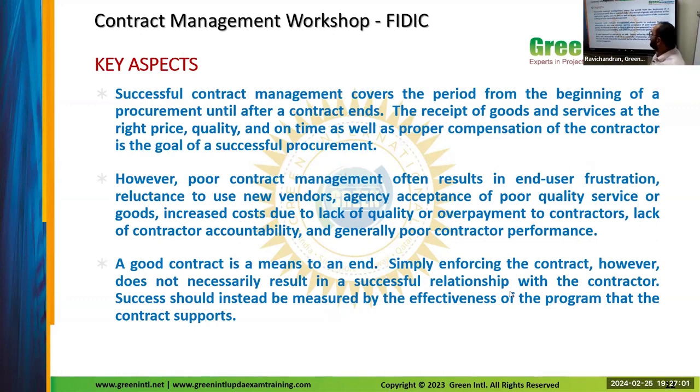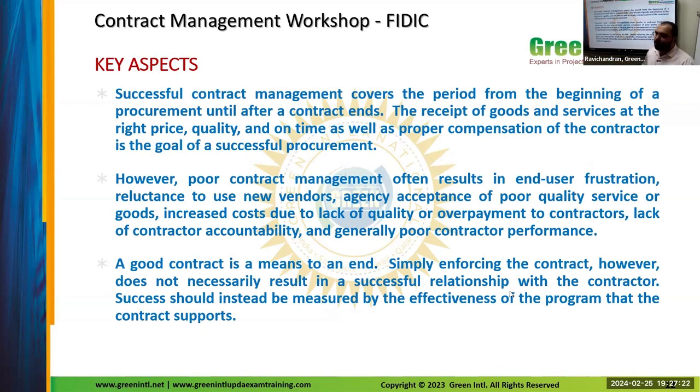A good contract means it's not like something you just finish, okay? It should meet the needs of the end user's expectation.